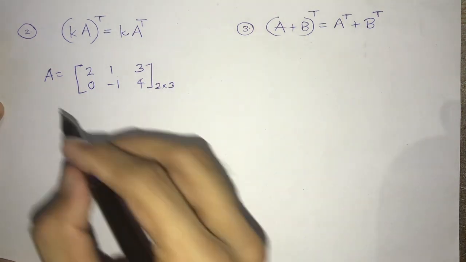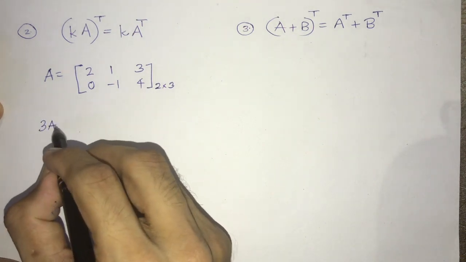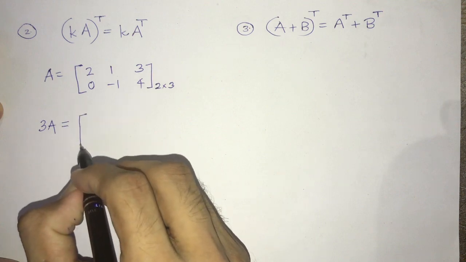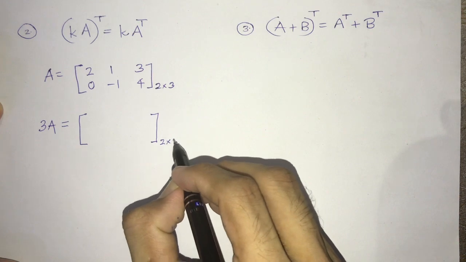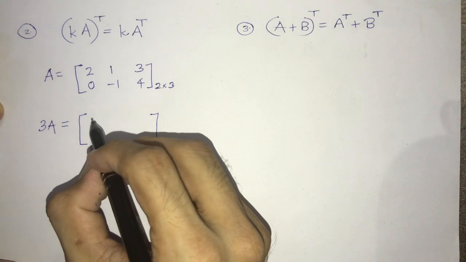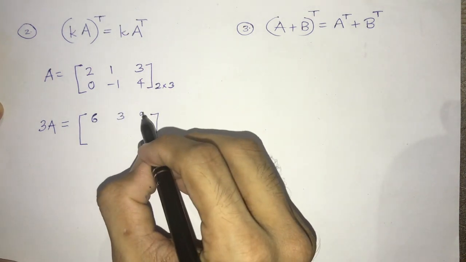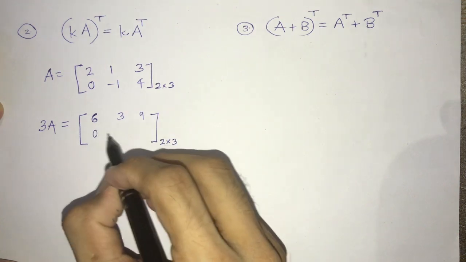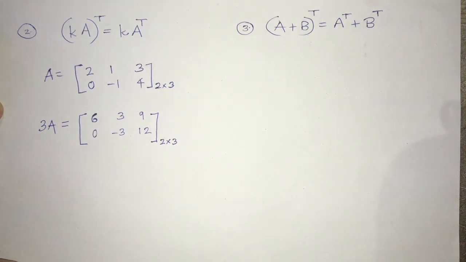If I multiply this matrix by say 3, we are going to get 3A. When you multiply a scalar to a matrix, each and every element of this matrix gets multiplied by 3. So we get 6 3 9 0 minus 3 12.